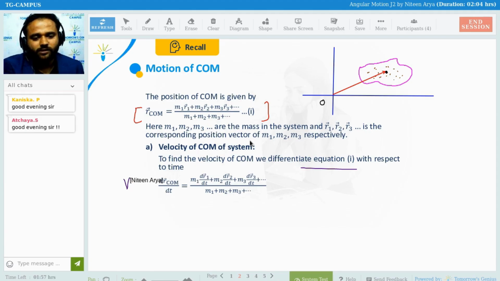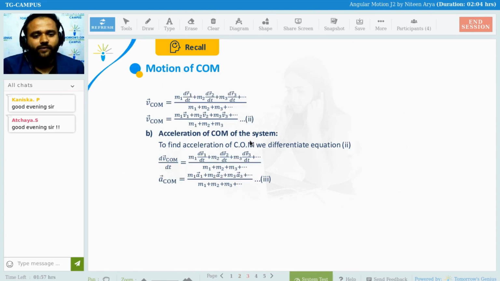So V_com is (m1 v1 + m2 v2 + m3 v3 + ...) divided by (m1 + m2 + m3 + ...), the total mass, because dr1/dt is v1, dr2/dt is v2, dr3/dt is v3. So this equation is important.